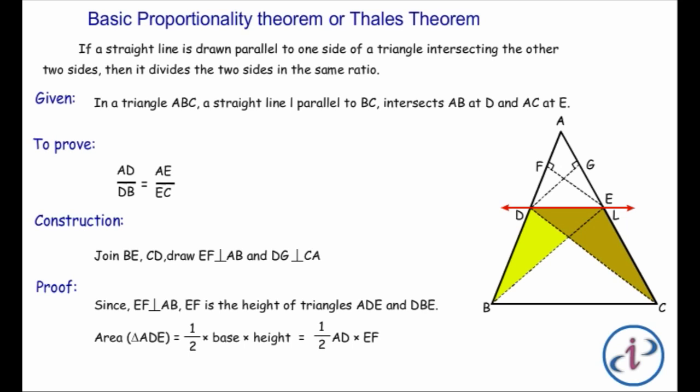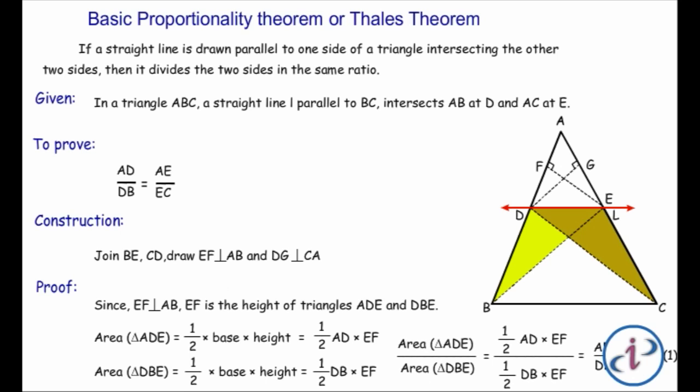Area of triangle DBE is equal to half times base times height, which is 1 by 2 times DB times EF. Therefore, area of triangle ADE by area of triangle DBE is equal to AD by DB.